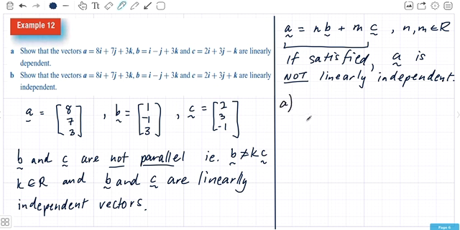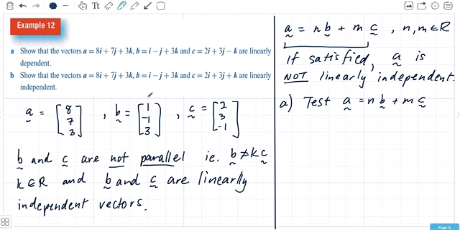With A, we're going to say again that B and C are linearly independent, so we're going to test whether A can be written as nB plus mC.